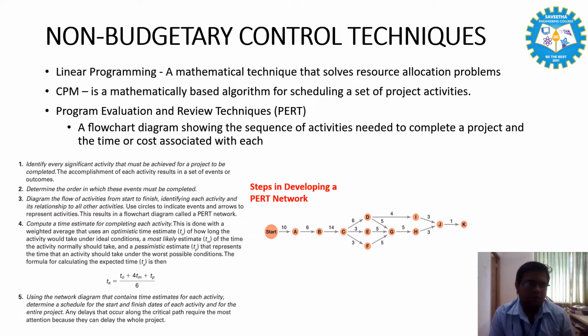The formula to calculate the expected time is To plus 4 times Tm plus Tp, divided by 6. Using the network diagram that contains time estimates for each activity, determine a schedule for the start and finish dates of each activity and for the entire project. Any delay that occurs along the critical path requires the most attention because it can delay the whole project.